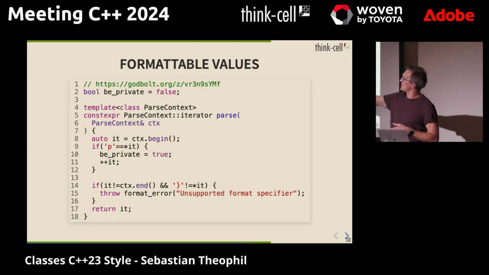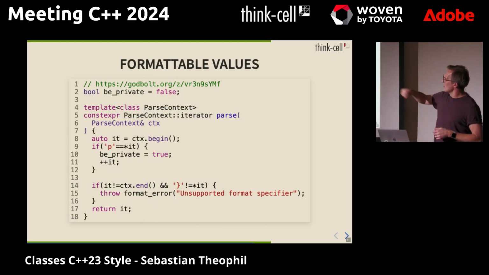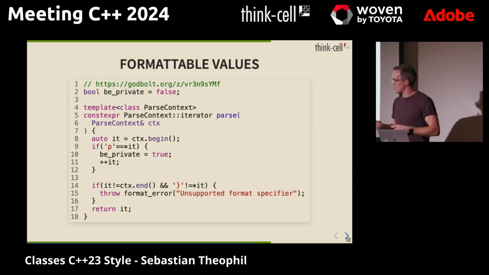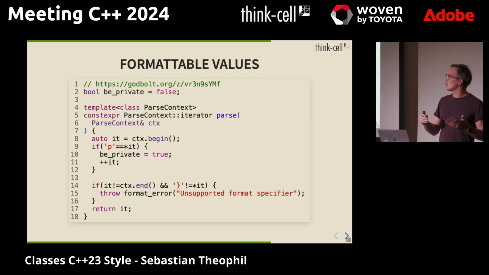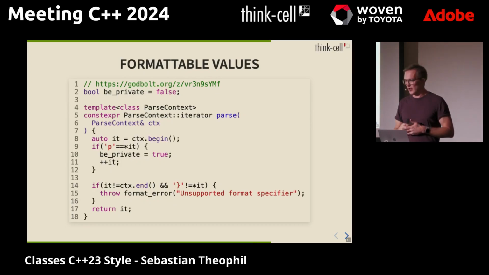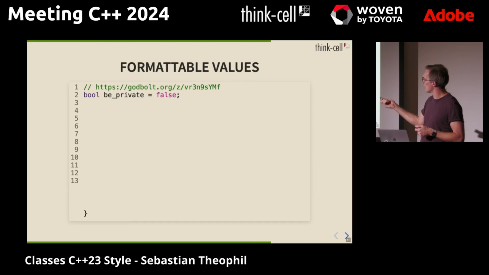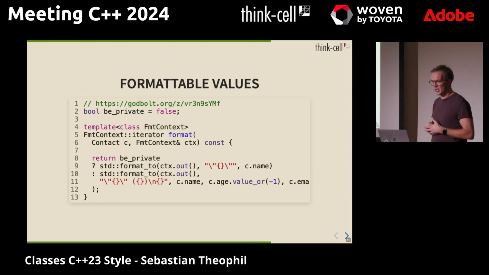Now I might have to do an end check before that. But checking if the format specifier is P, and then I store my state, and then in the end, you should check that you have fully consumed the input range of format specifiers. And if you haven't, then you can throw and should throw an exception. So that's relatively straightforward, I think, once you figured it out in the documentation.